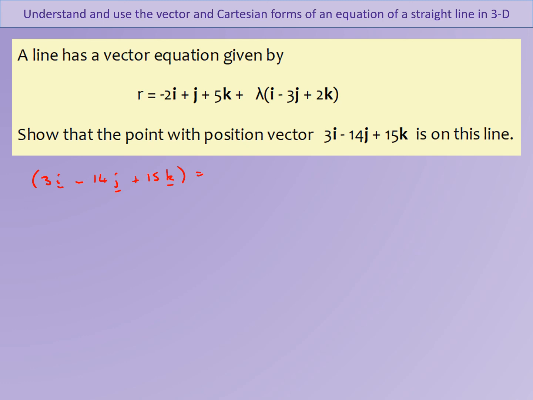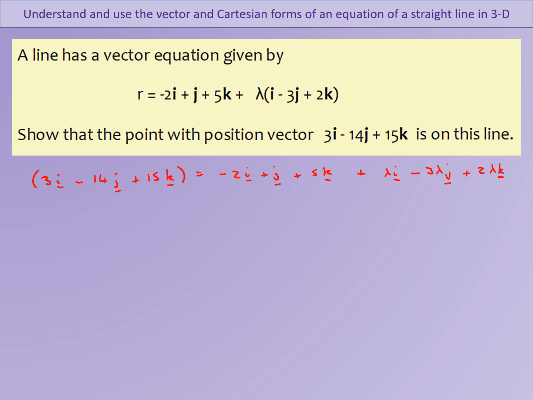That's r equals minus 2i plus j plus 5k plus, I'm going to multiply out this bracket here, so I get lambda i minus 3 lambda j plus 2 lambda k. Now, just as with the column vector form, where we took the i and j direction separately, we're going to do the same here. We're going to take the coefficients of i first, then j, then k. We're going to try to see whether we get the same value of lambda each time.